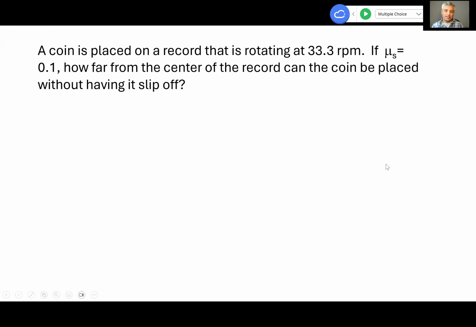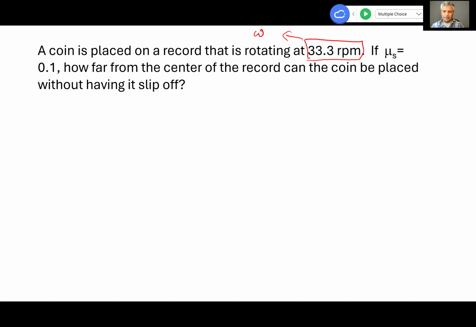So now here is a question related to the video we saw. Let's suppose that the coin placed is rotating at this many RPM. For now, it is angular speed. It does not have the correct unit for us, but that is angular speed.